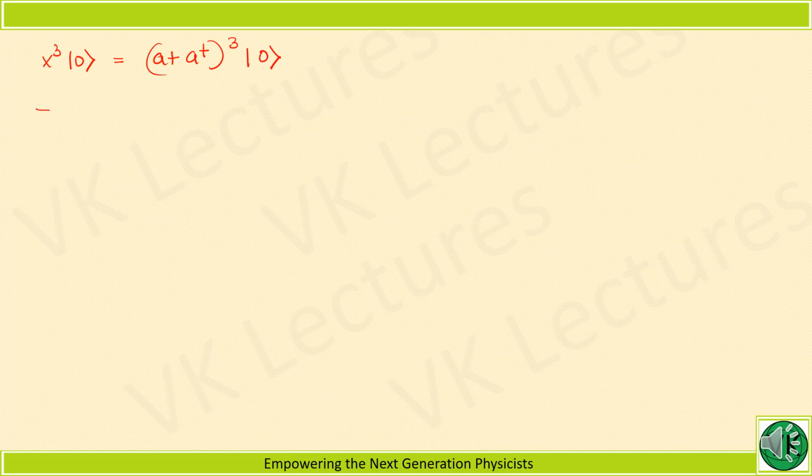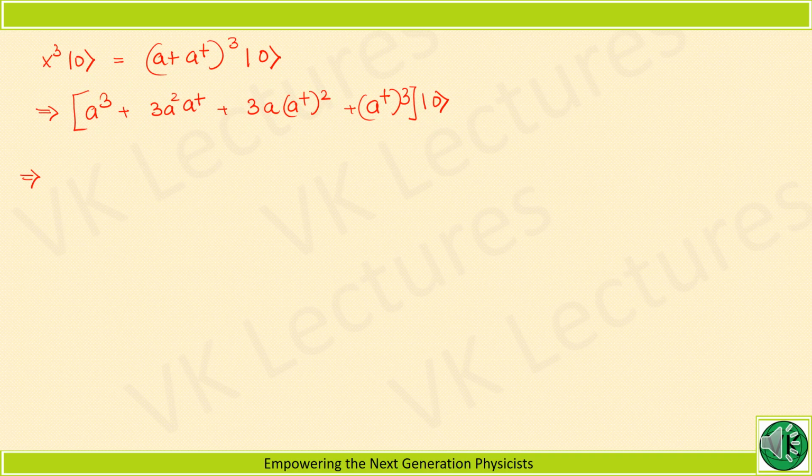Expanding this, we have a cubed plus 3a squared a dagger plus 3a dagger squared a plus a dagger cubed. All this should act on the ground state 0. Now let's see one by one.